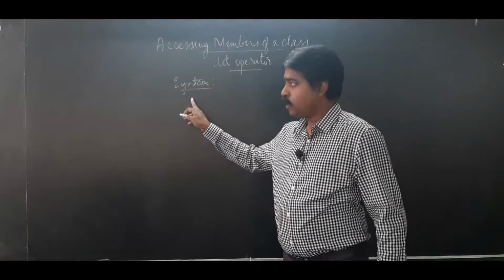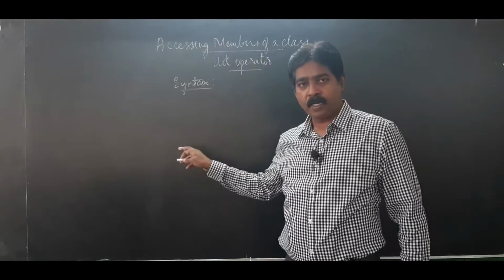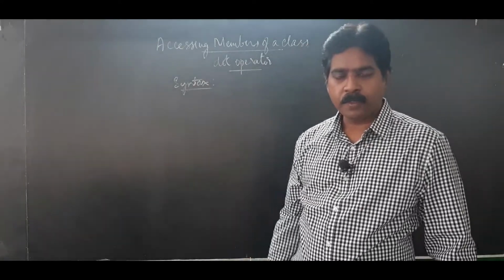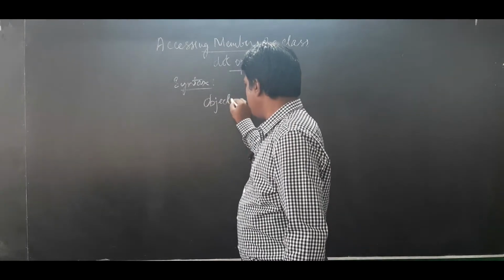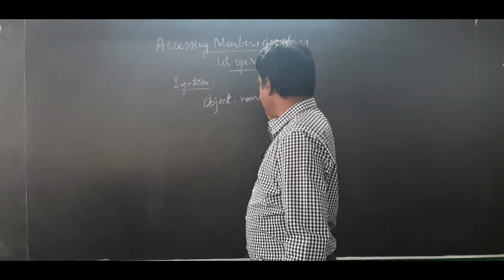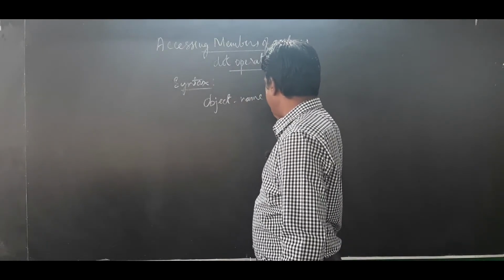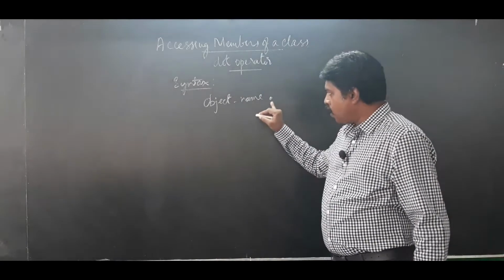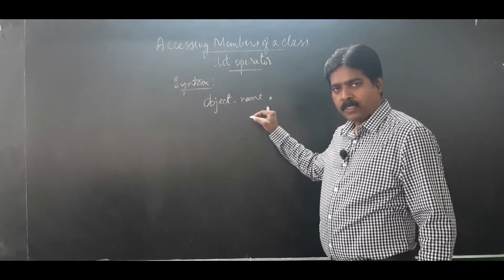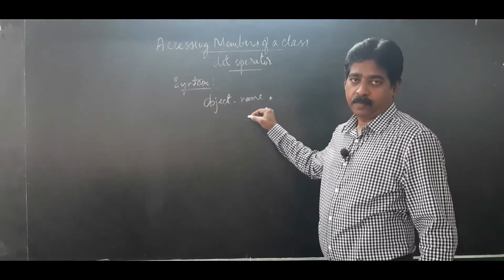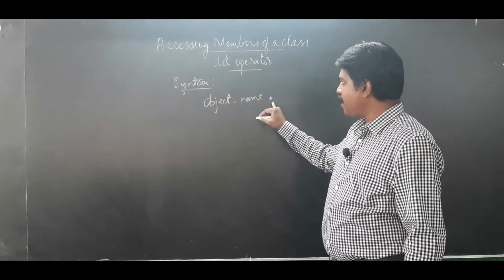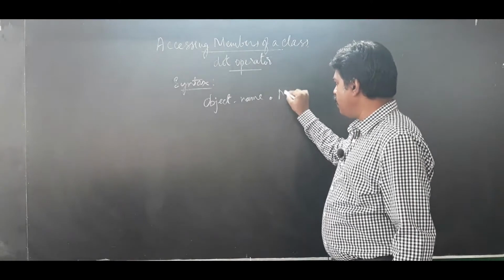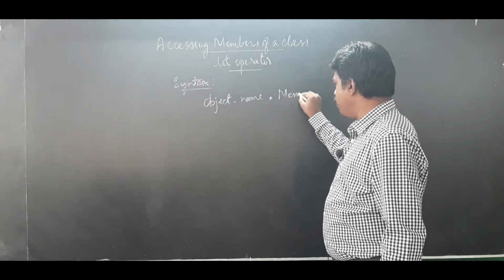The syntax for accessing the members of a class will be, first we go for the object, that is the object underscore name, then there is a dot operator. This dot operator is also called the member access operator. After this dot operator, we need to access the member, so we say the member name.